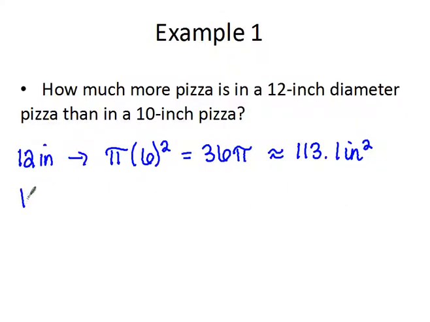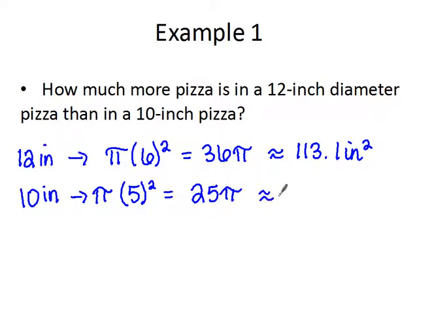Alright, and then for the 10-inch pizza, we take pi times the radius again. So if the diameter is 10, that means the radius is 5. So that would be 25 pi. So that is approximately 78.5 square inches of pizza.